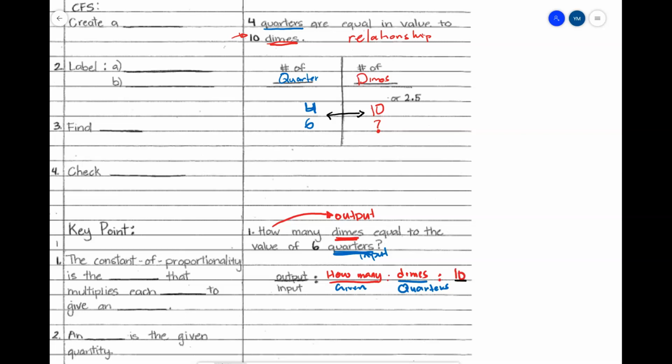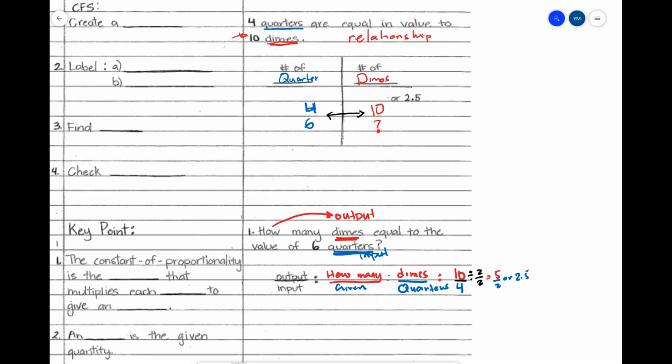out of 4 quarters. So if you actually simplify that, it's going to get simplified by 2 over 2, because both 10 and 4 divide by 2. So that's going to give me 5 halves, or if you take a calculator and just do 5 divided by 2, you're going to get 2.5.